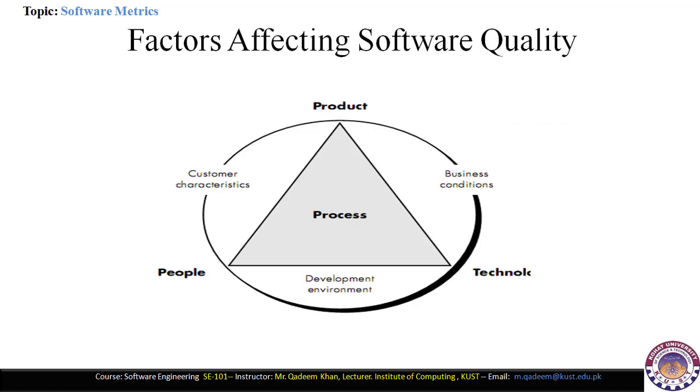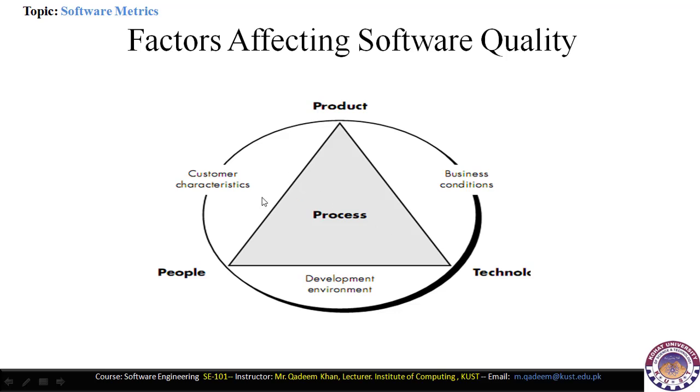Now, factors affecting software quality. There are different factors which affect the software quality. They include product, people and technology, and these three are the parts of the process. The process is in fact carried out by the people for the development of the product using the technology.